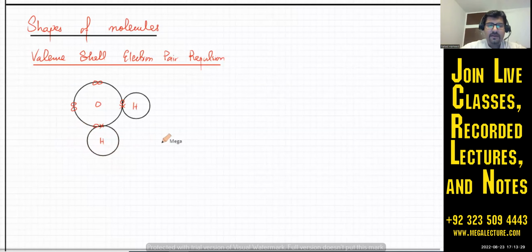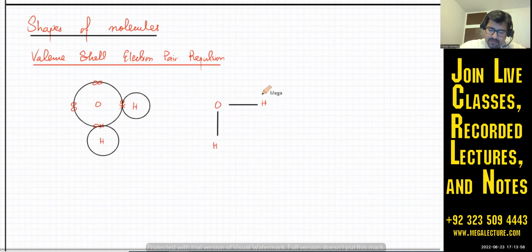So if you look at oxygen, it's got the oxygen atom in its outer shell. Remember, we were talking about the valence shell. So the oxygen atom has bonds. So they are bonded electrons, and it's got lone pairs as well.